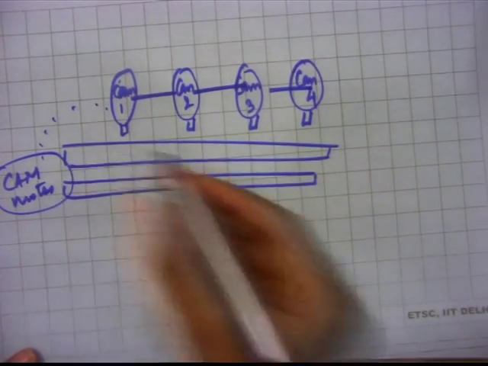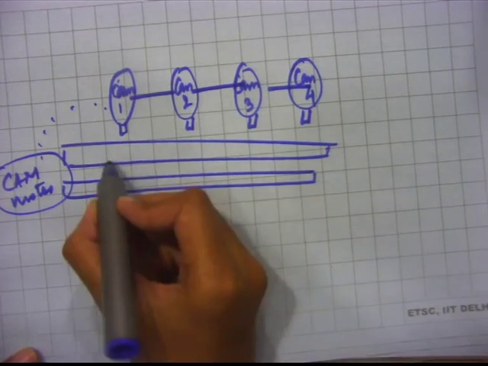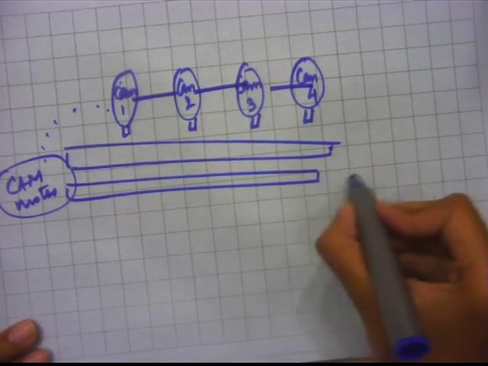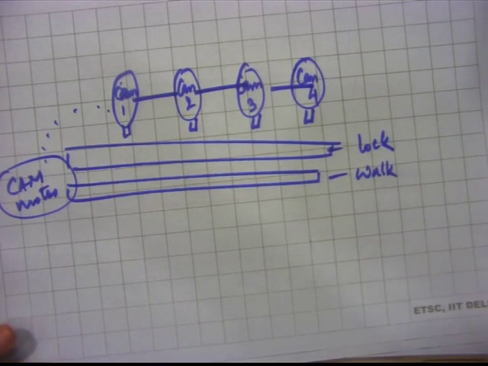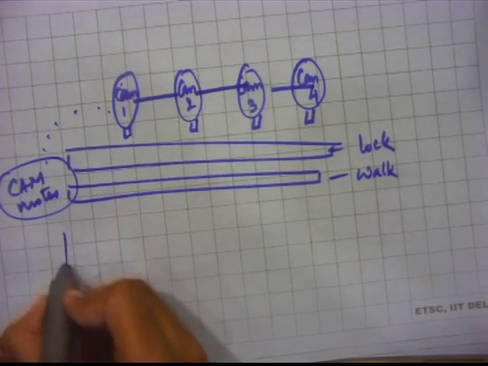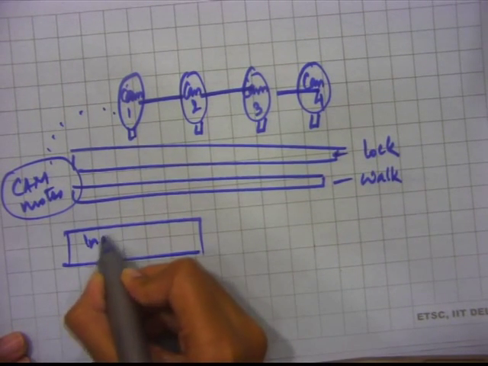And then there are these 2 beams that we have. You can take either one as walking and either one as locking. Now, these beams are driven by another servo motor, which you can call the indexing motor.